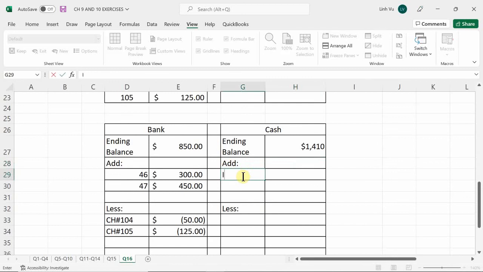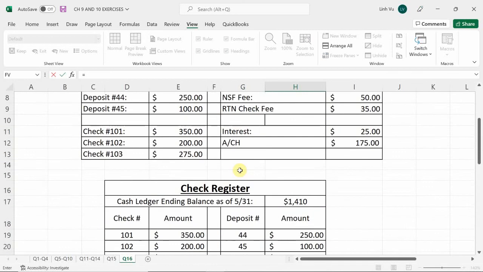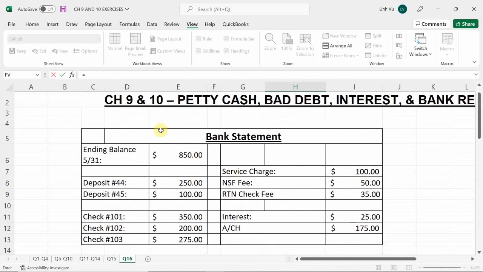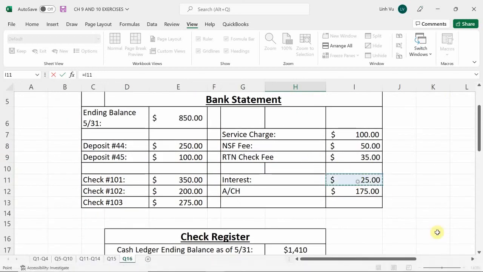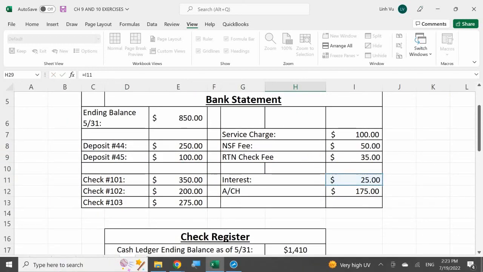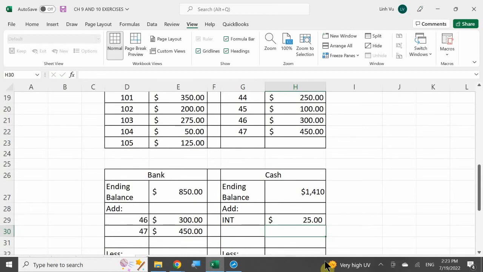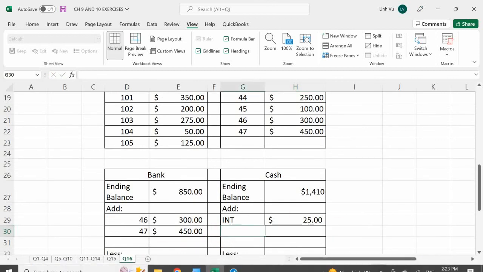Okay, so I got interest for, was it for 25? Interest for 25. Okay, and then I got ACH for 175.